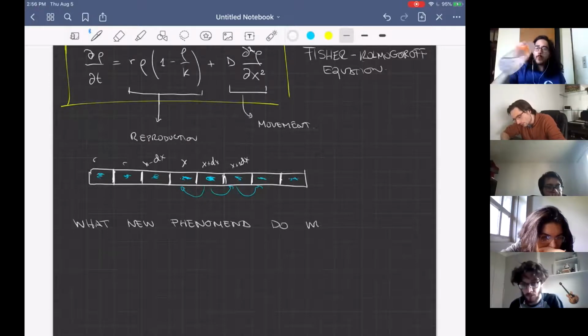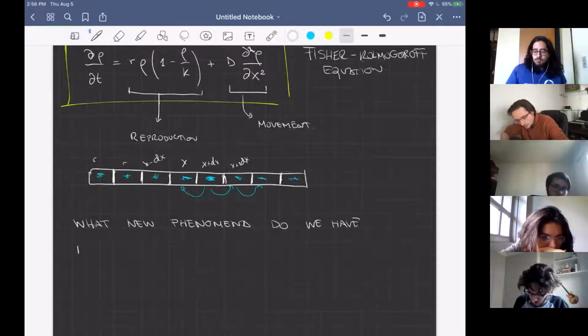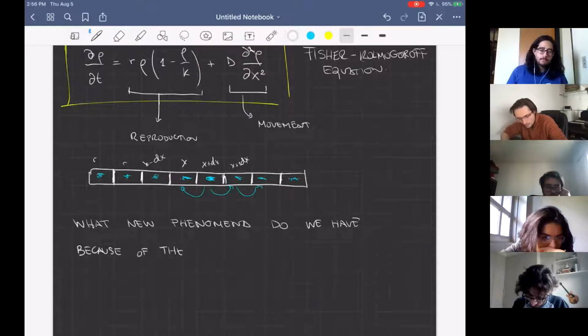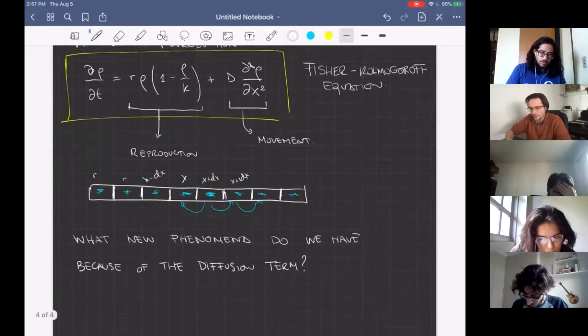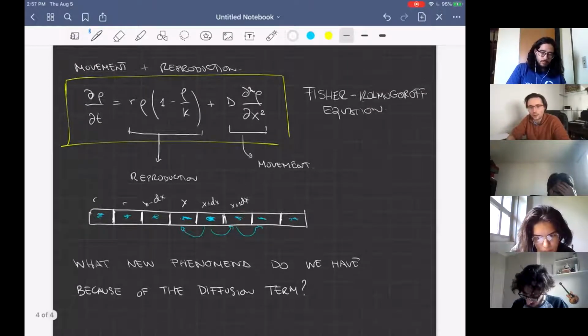So now the question that I want to discuss next is, what new phenomena do we have because of the diffusion term? Because if we take d equal to 0, we already know everything about this.